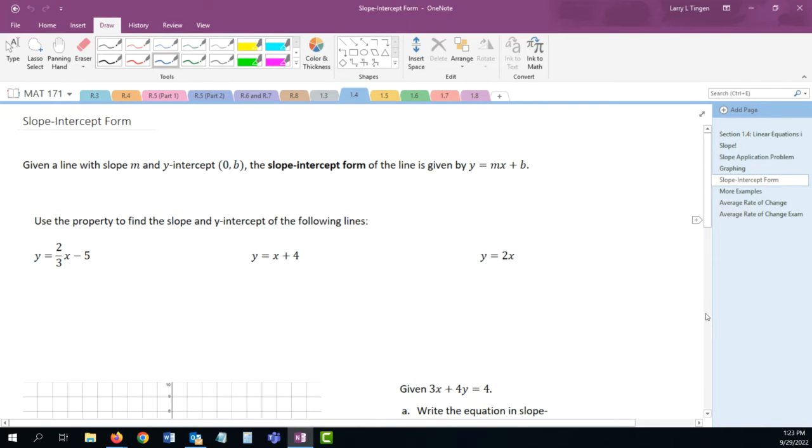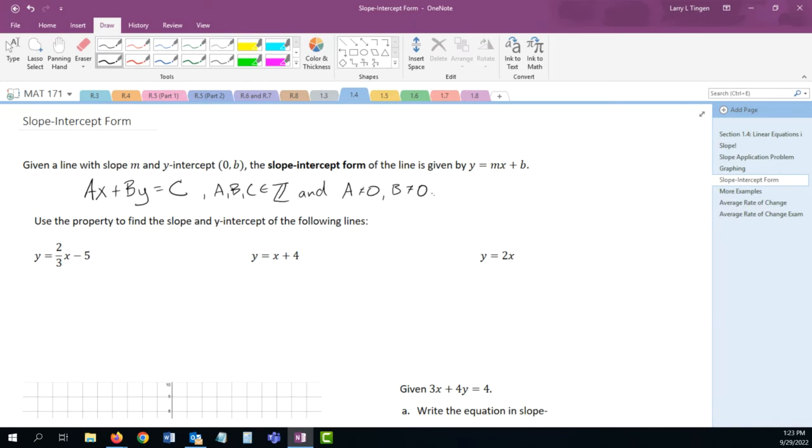Remember, right now, what we know about lines is they can be written in the general form ax plus by equals c, where a, b, and c are typically integers, and a is non-zero, b is non-zero. All right, so that's the definition of a linear equation.